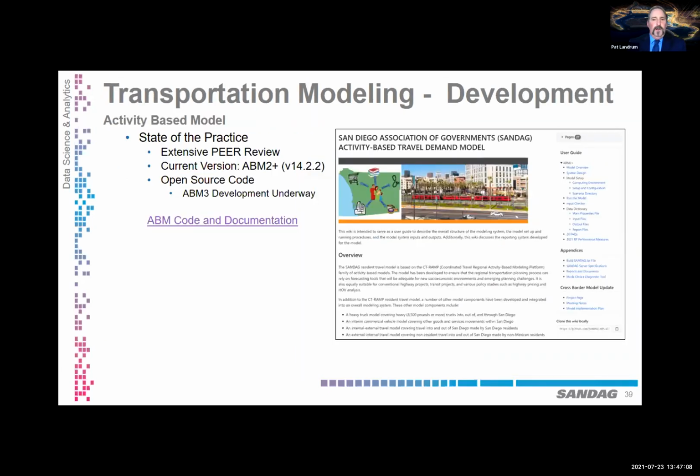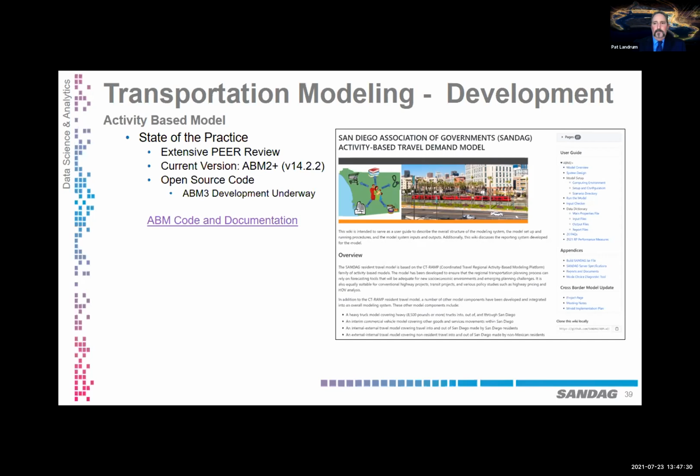Moving into transportation modeling, on the development side, we use an activity-based model. It is a framework that is also adopted by a number of our peer MPOs, not just within the state of California, but across the nation. It is state of the practice. It does undergo extensive peer review.